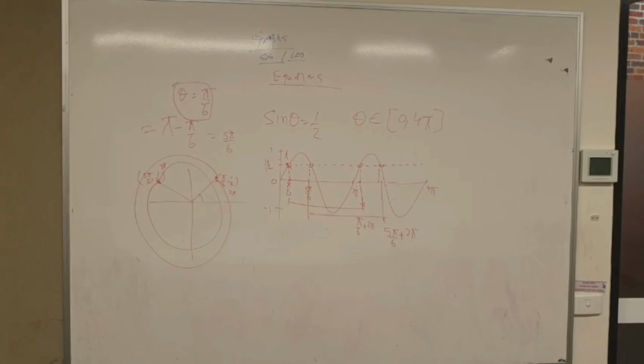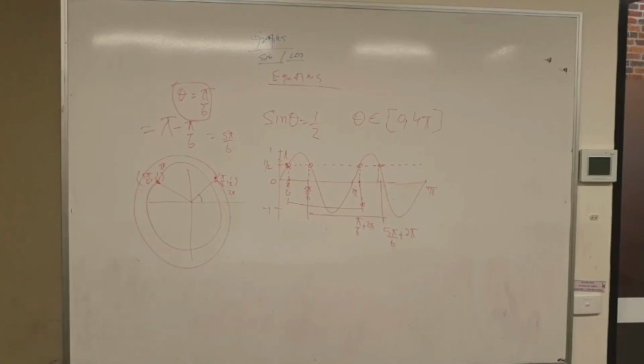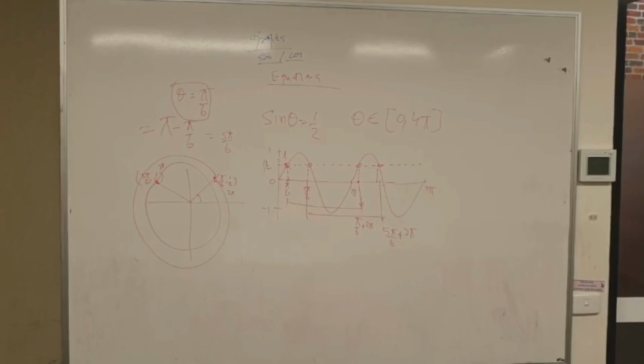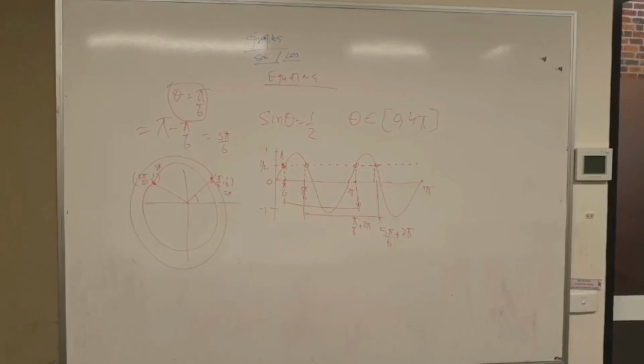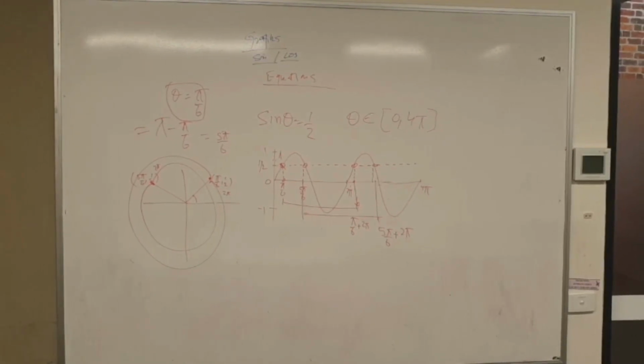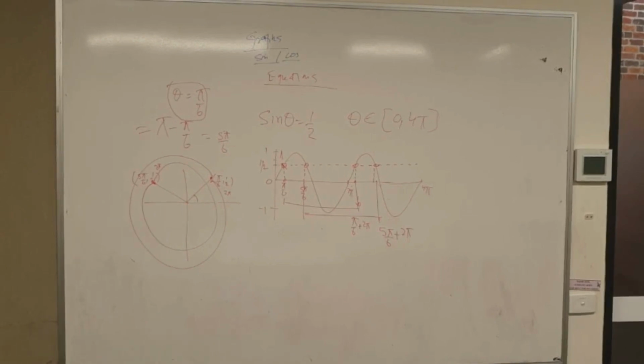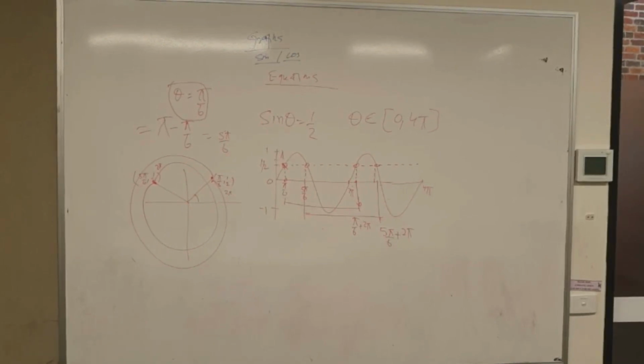Can you do sine x equals to negative root 3 over 2? I should write it down quickly. Sine x equals to negative root 3 over 2, and the domain is 0 to 4 pi.